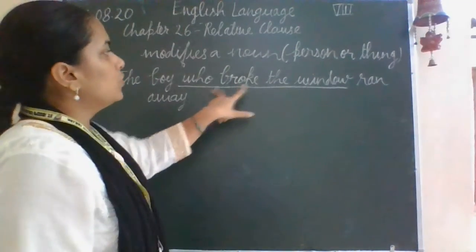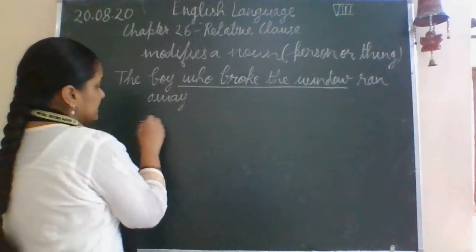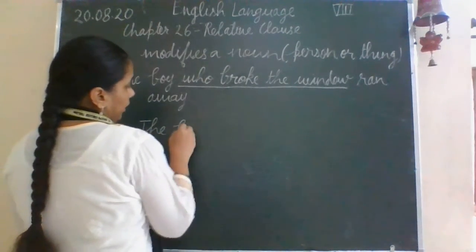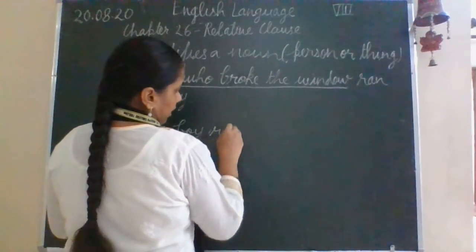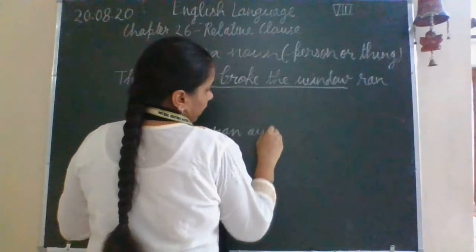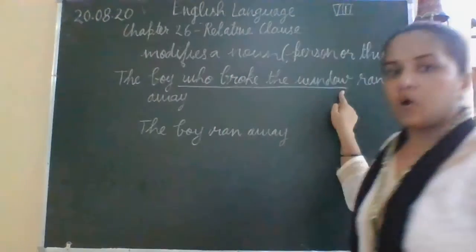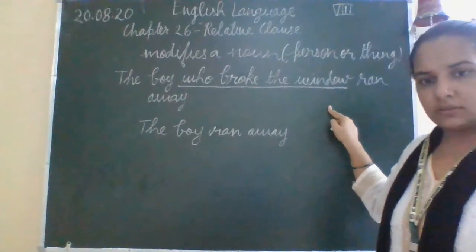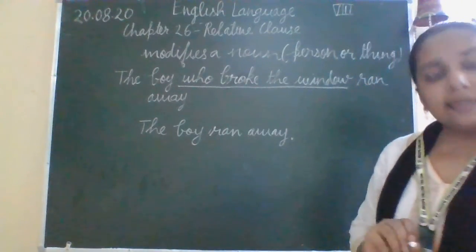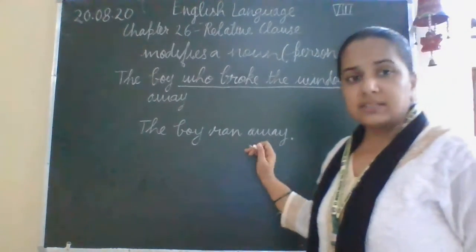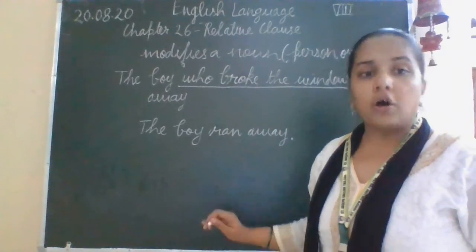If I remove this from the sentence and rewrite the remaining sentence, the boy ran away. I have removed this underlined piece, and I wrote the remaining sentence once again, so you can clearly see that this sentence has the complete meaning. That's why it is the main clause.